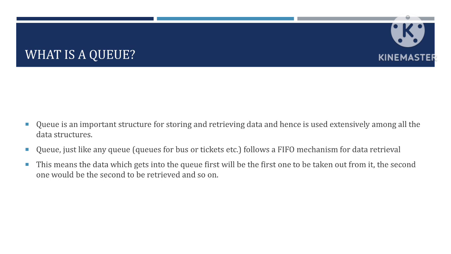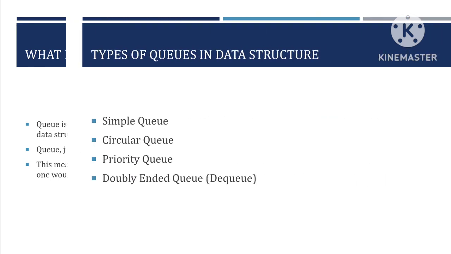So the item which gets in the queue first will get out from the queue first. Similarly, the second one that entered the queue will go out after the first. So this is called a queue data structure.